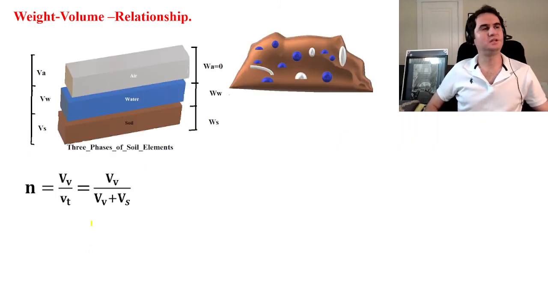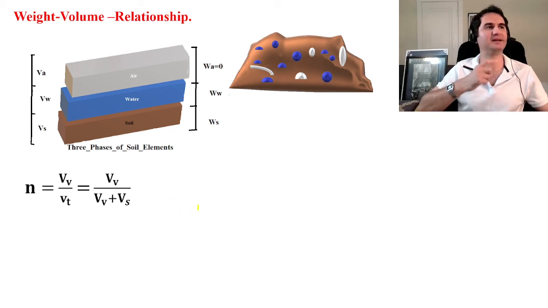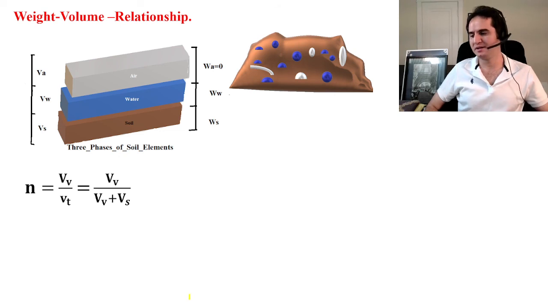Let's do the conversion of porosity and void ratio, and then we'll follow up our discussion in the next video. Porosity is volume of void over total volume, and you can show it like this: keep the volume of void as the numerator, and expand the denominator, total volume is void volume plus soil volume.